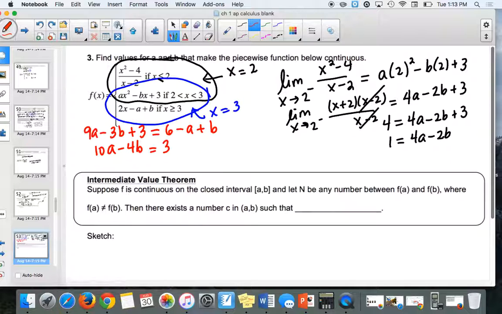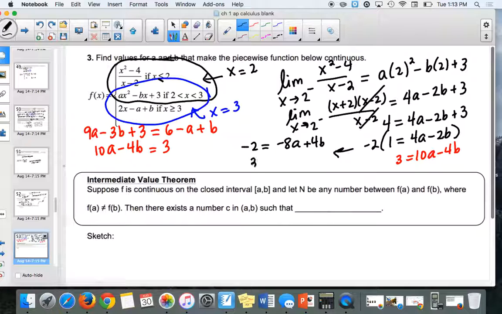You with me? You guys remember how to solve a system of equations? You guys look so enthusiastic right now. All right, we're going to multiply the top one by negative 2. So I get negative 2 equals negative 8a plus 4b.